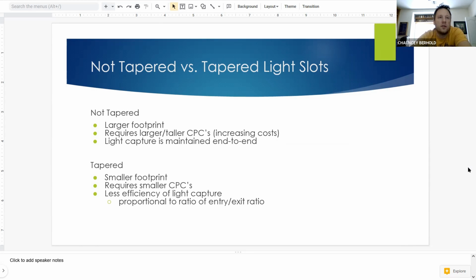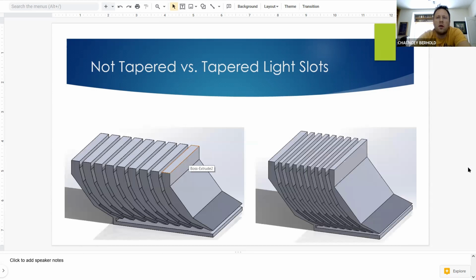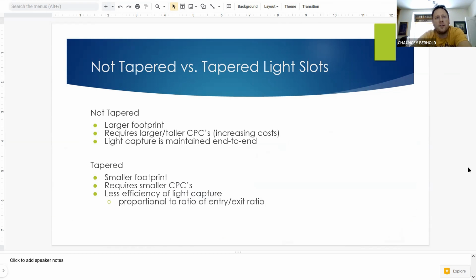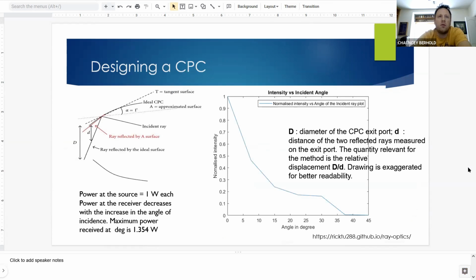And then the reverse below. The tapered ones have a smaller footprint, as you can see, but again, for the amount of light that's able to be captured with the non-tapered one with a larger footprint, it's still beneficial to use that one.